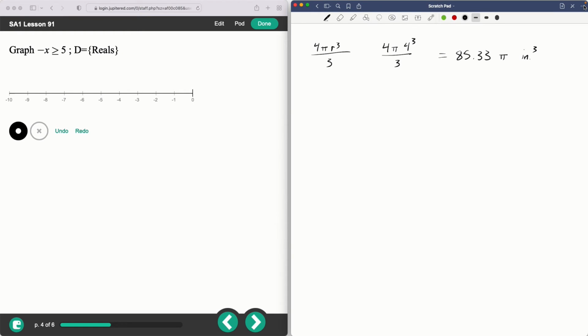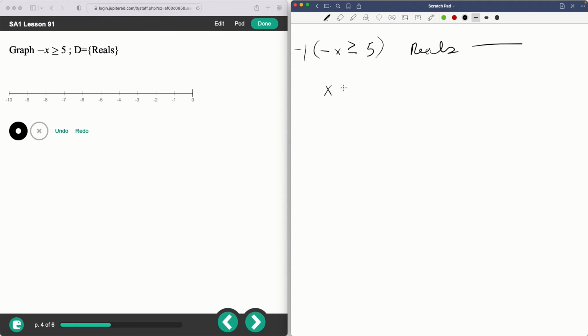Clear this. We're going to graph negative x is less than or equal to 5, and that's in reals. That means we're going to do the line. Okay. So again, we don't like to have a negative variable, so we multiply everything by negative 1. So that becomes a positive x.